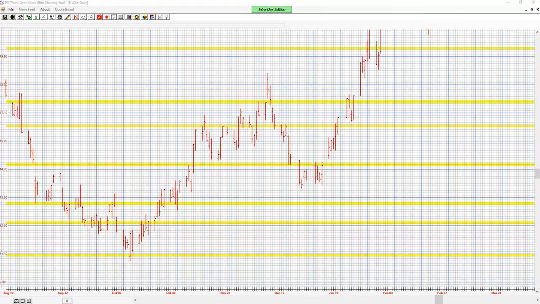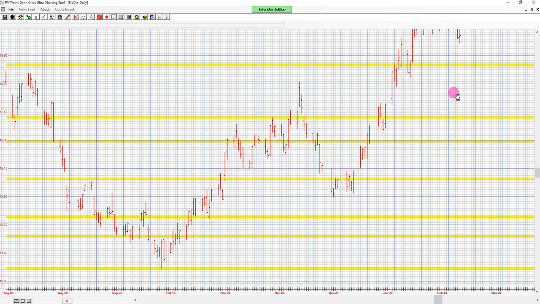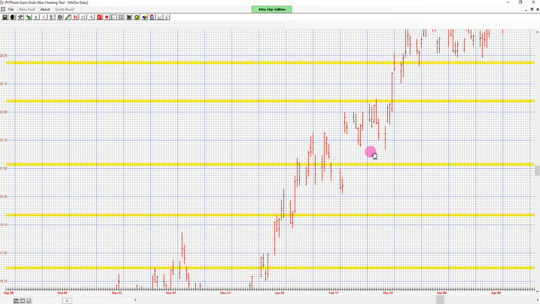So I'm going to let you look at those. And then I'm going to change this and put the actual 1081 level in and see what those look like. Now here are the natural numbers based off the 1081 low. So you can take a look at that. It's a bit tighter of a fit there.